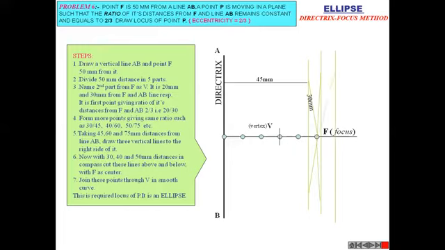Now cut the distances 30, 40, and 50 with the compass. Then draw the curve, and this is the ellipse.